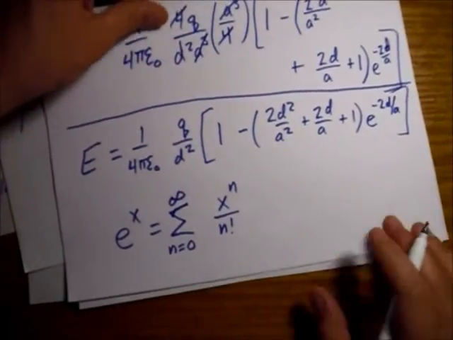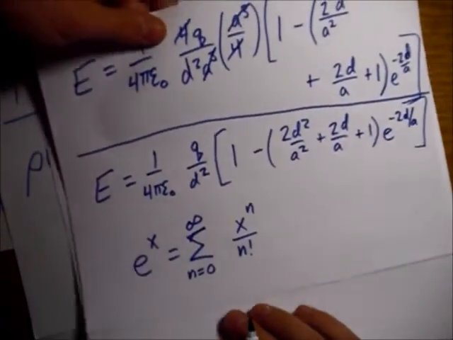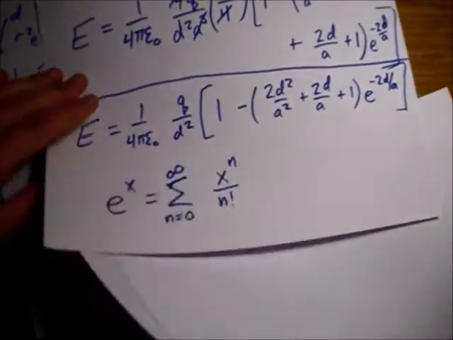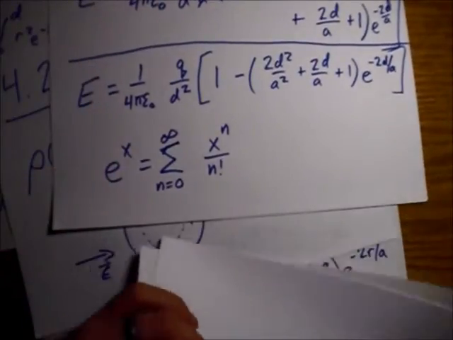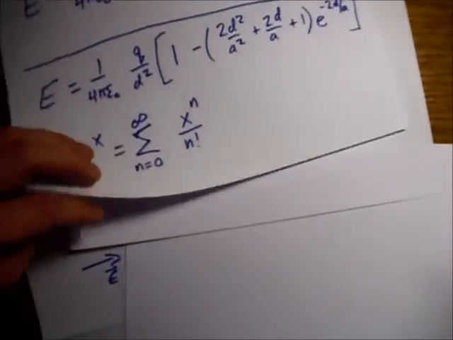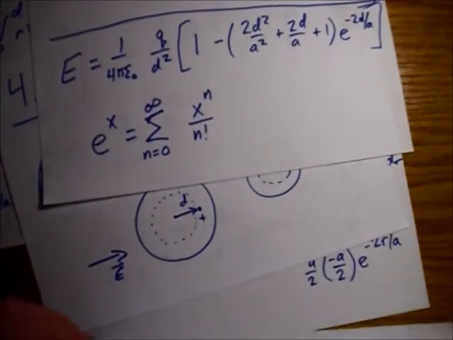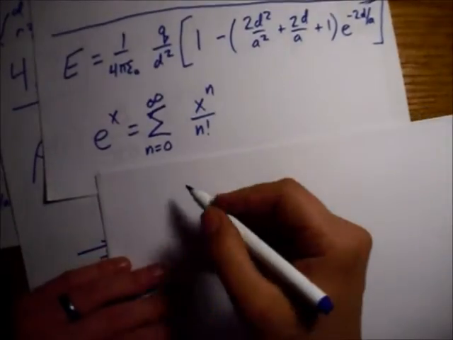Okay, so we are going to write out the first 3 terms of this sum, and that's going to give us the first term that doesn't go to 0. So that's all we're going to need for our approximation.